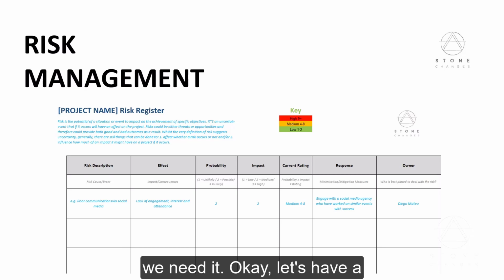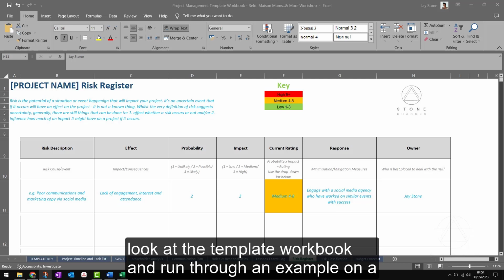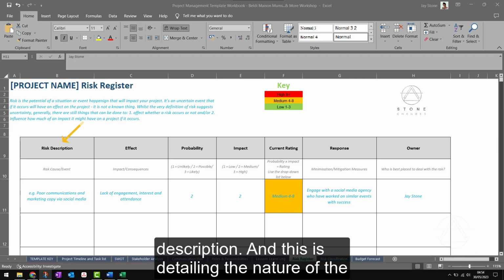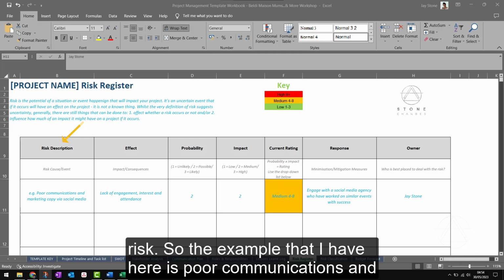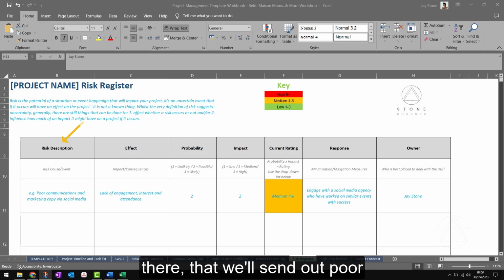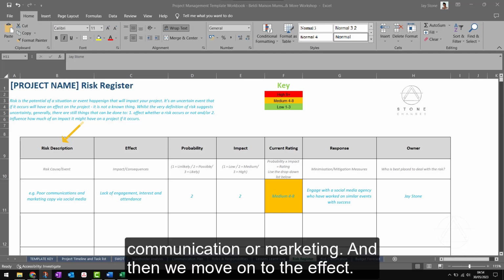Okay, so let's have a look at the template workbook and run through an example whilst I explain the template. So first of all, we've got the risk description, and this is detailing the nature of the risk. So the example that I have here is poor communications and marketing copy via social media. Okay, so there's a risk there, that we'll send out poor communication or marketing.